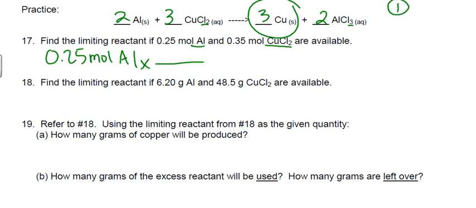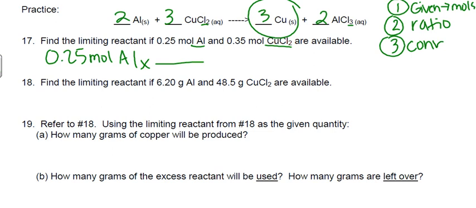So the first step of stoichiometry was to take your given and convert it into units of moles. The second step is the ratio step, and the third step is to convert to the unit that the question's asking for. So I'm going to convert to moles of copper.